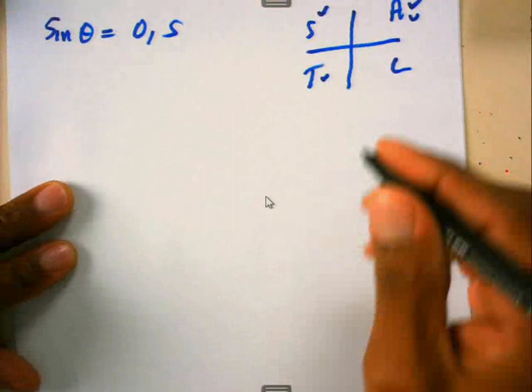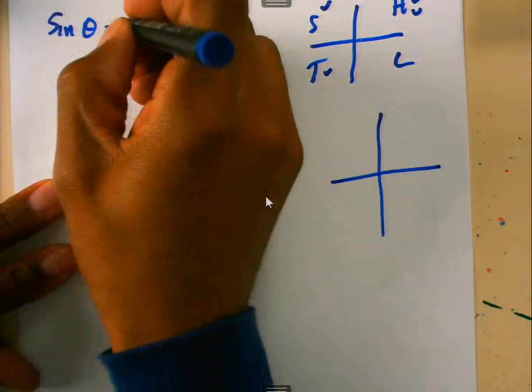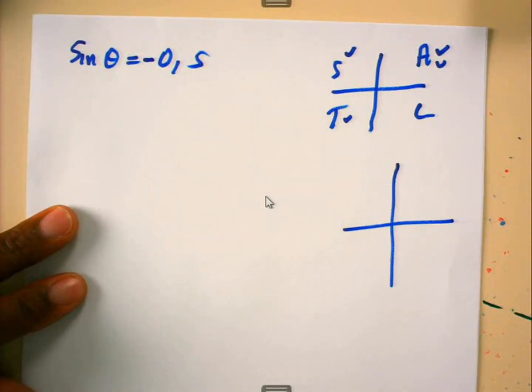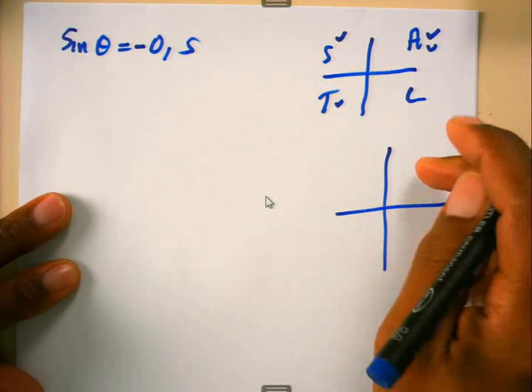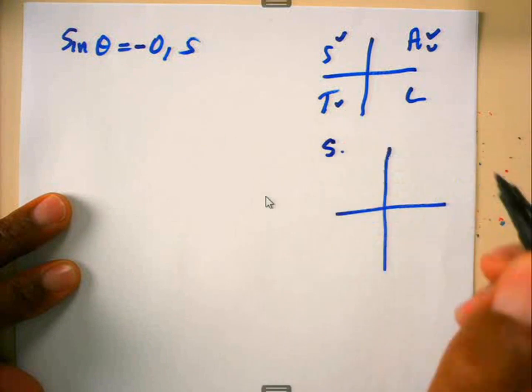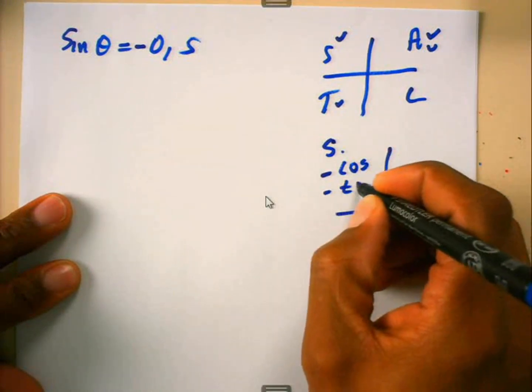But what's going to happen if the ratio is negative? You're still going to get two answers for sine if the ratio is negative, two answers for cos, and two answers for tangent. Remember, in the first quadrant they are all positive. In the second quadrant only sine is positive, which means we have a negative cos and a negative tangent.